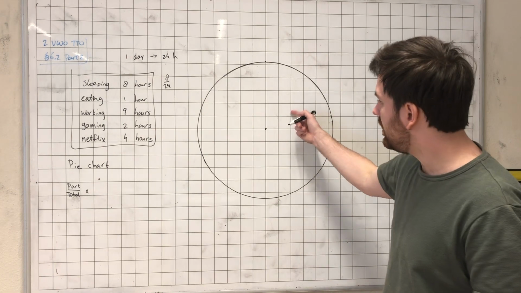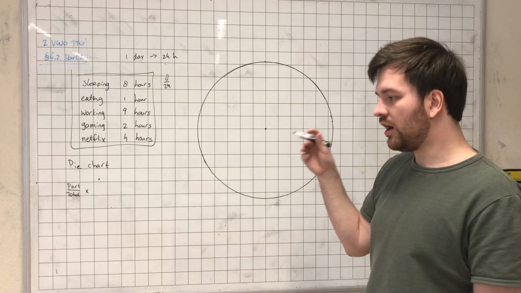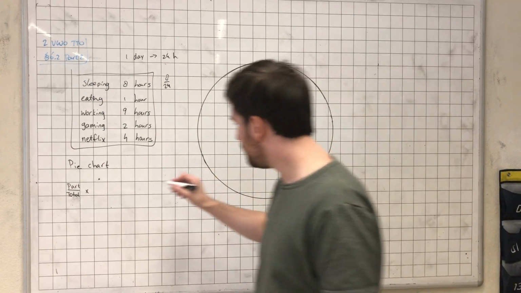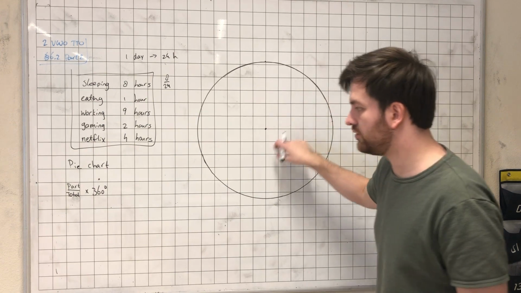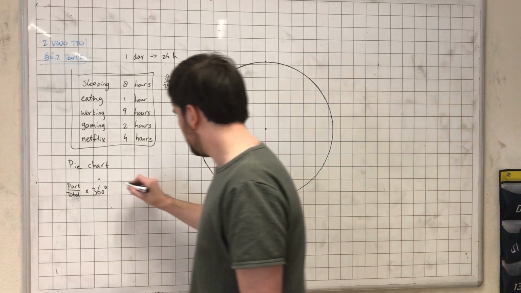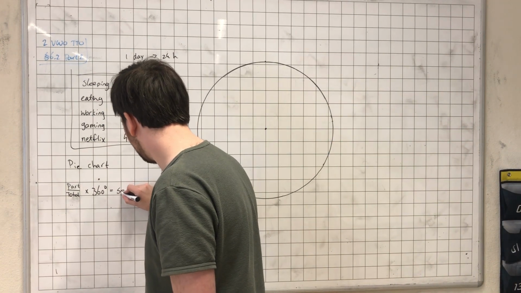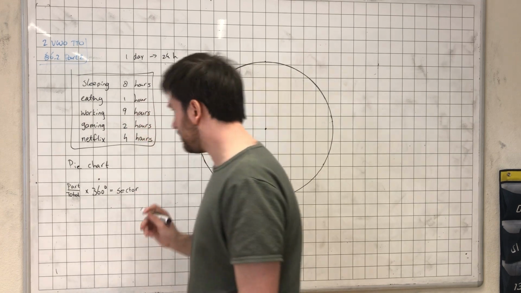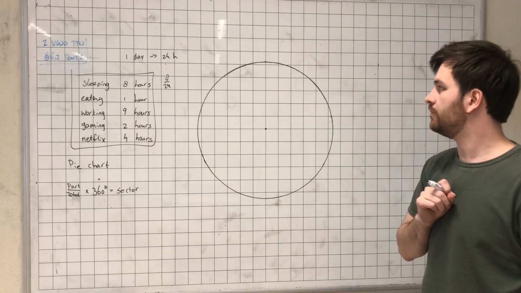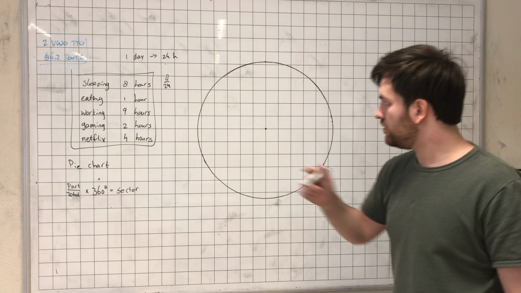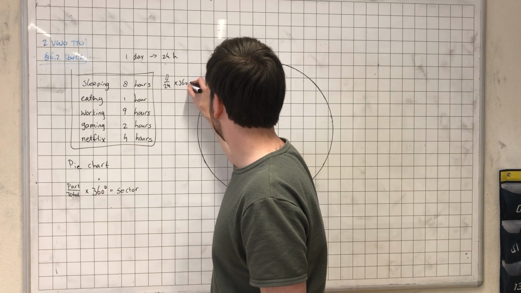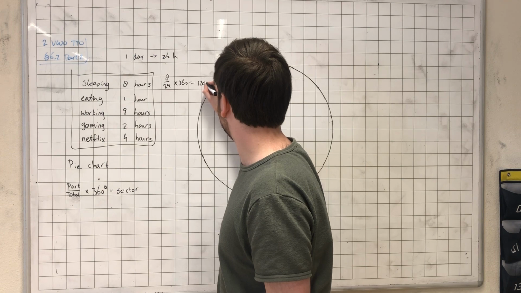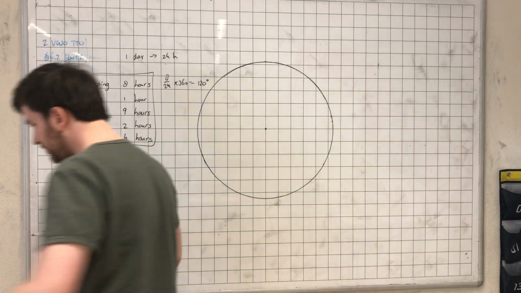We want an amount of degrees, because then we know how big it needs to be. So we're going to multiply with the entire thing, and everything in this case is 360 degrees. In the book they call it a sector, because we're going to draw sectors over here. Okay, so for this case, 8 over 24 times 360 is 120 degrees.